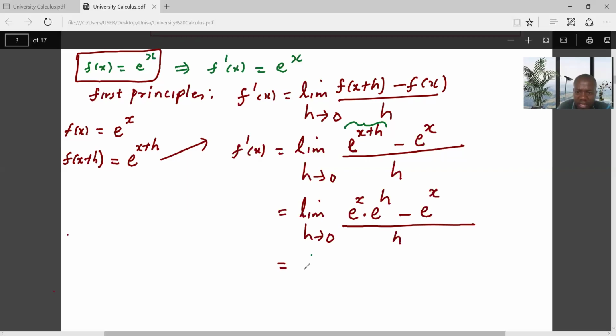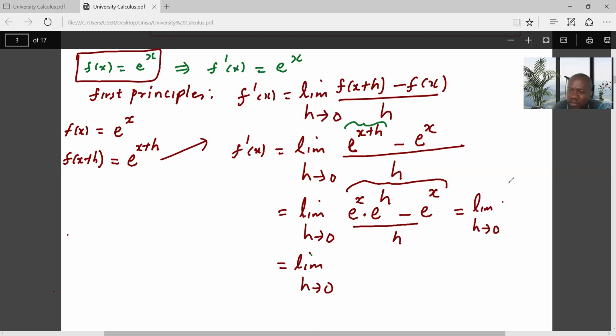Now let's take e to the exponent of x as a common factor at the numerator. When you take it out, we remain with the limit when h approaches 0 of e to the exponent of x times e to the exponent of h minus 1, all over h.